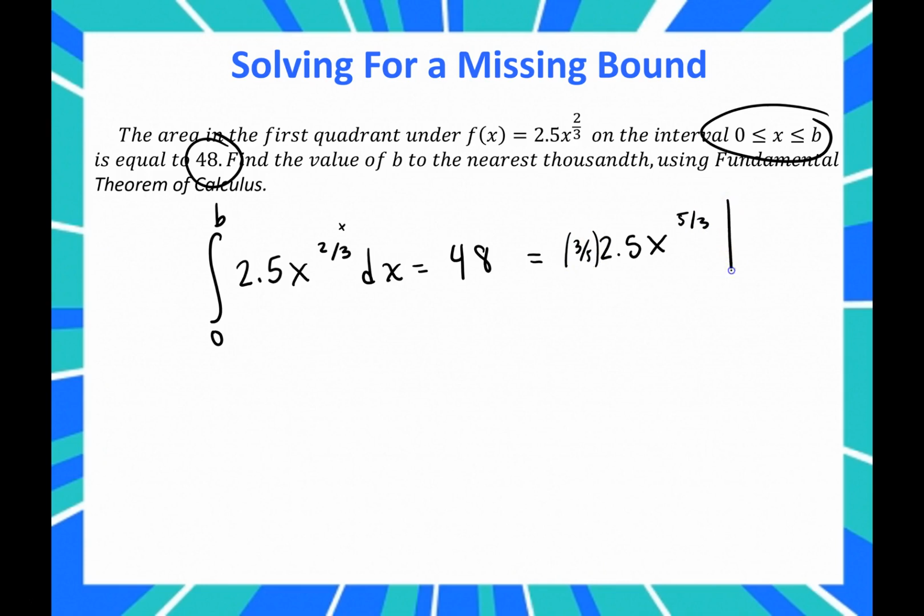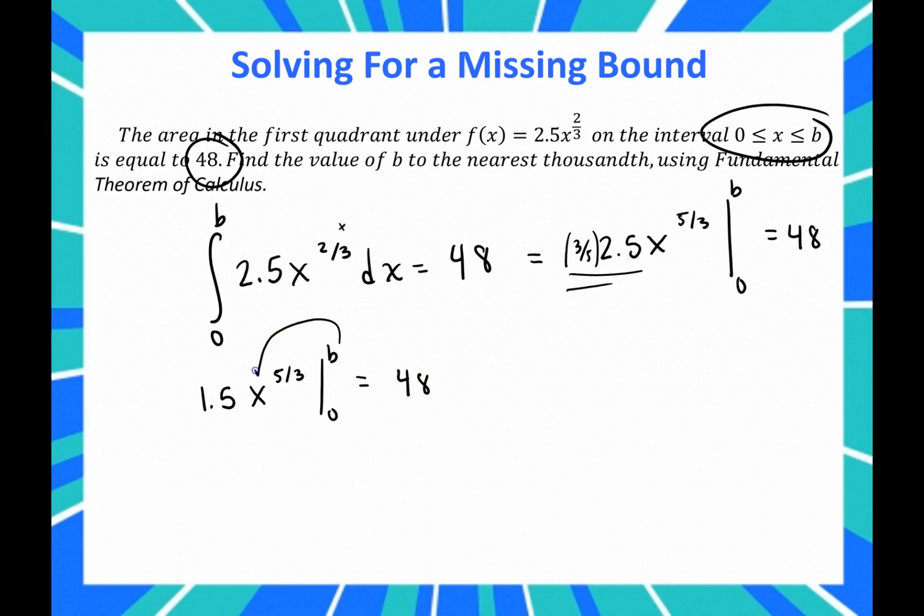And I'm going to evaluate that from 0 to b, and that should be equal to 48. Okay, let's just go ahead and tidy this up a little bit. We've got 3/5 times 2.5. I'm just going to multiply that in my calculator, and I get 1.5. So this is going to be a 1.5 x to the 5/3 from 0 to b is equal to 48.